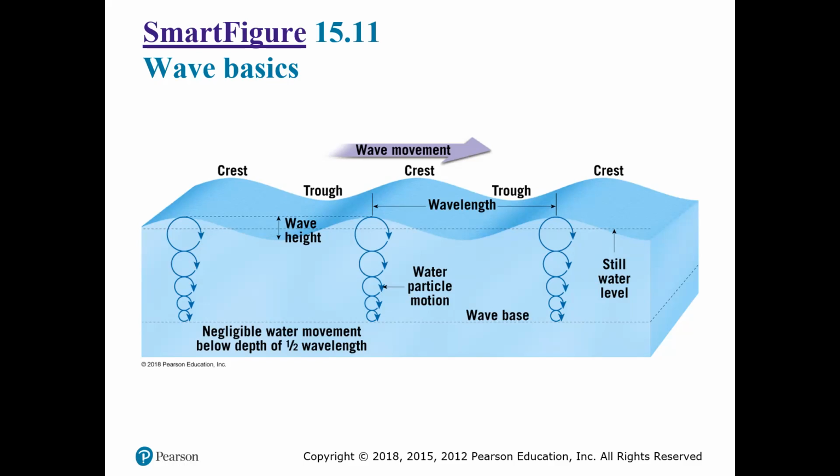As the quantity of energy transferred from the wind to the water increases, the height and steepness of the waves increase. Eventually we get to a critical point where the waves get so large they topple over, and that's referred to as a white cap. You can see some white caps at the top of page 460.